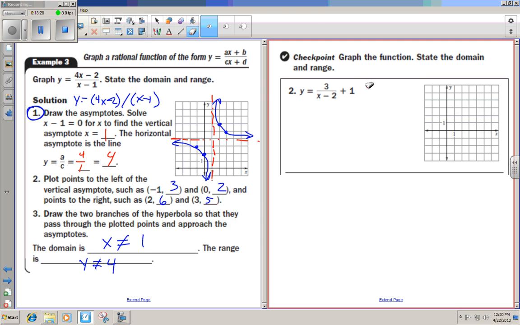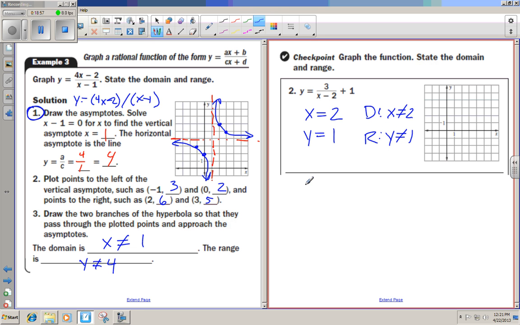So going back, we know right away that the asymptotes are x equals 2, y equals 1, because it's what makes this 0. There's the 1. Go back to the notes I gave you previously. That automatically tells us that the domain is all real numbers except for 2. Our range is all real numbers except for 1.